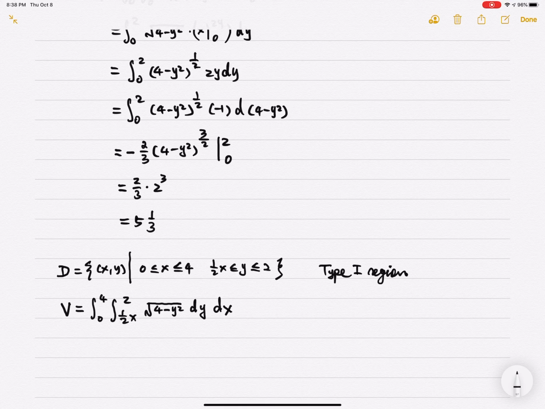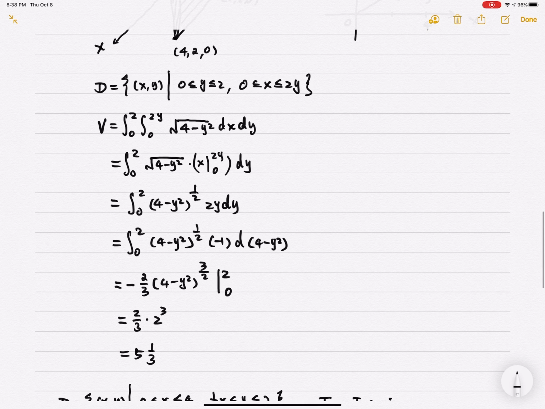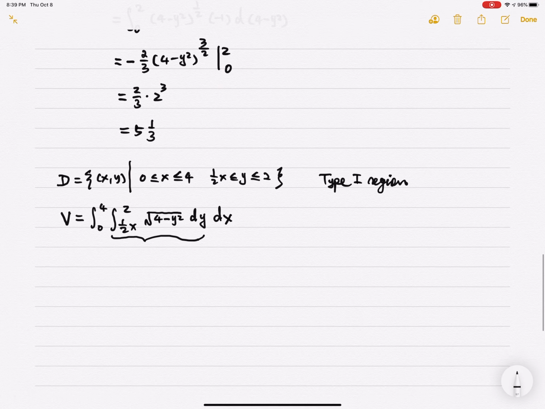Now you see, how do we integrate this one? This part is much harder to integrate than the previous one, because in the first integral, the root of 4 minus y squared is a constant with respect to x, so this can move out, and then you have a 1 dx, the antiderivative is x, and then after you have this, you have 2y. 2y you can put into d of y squared.